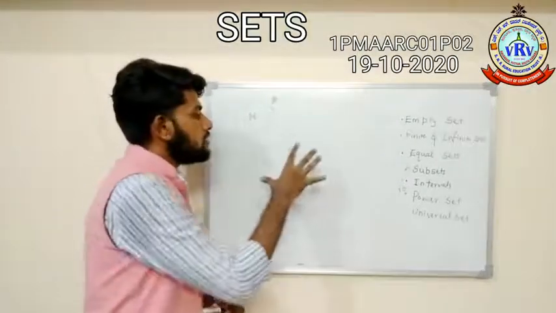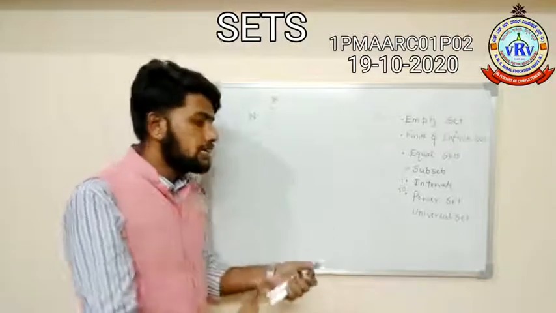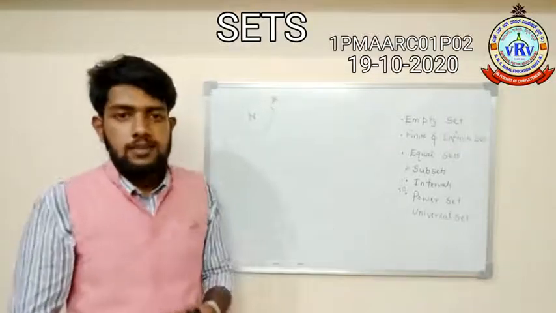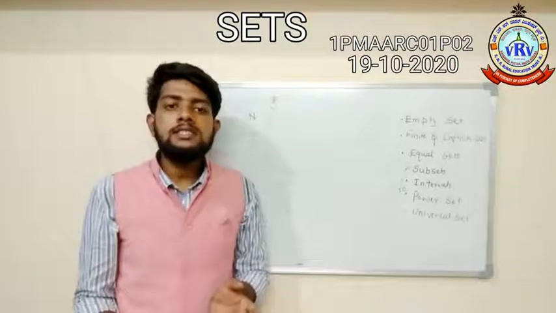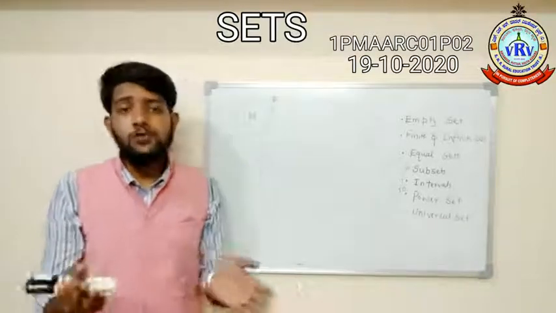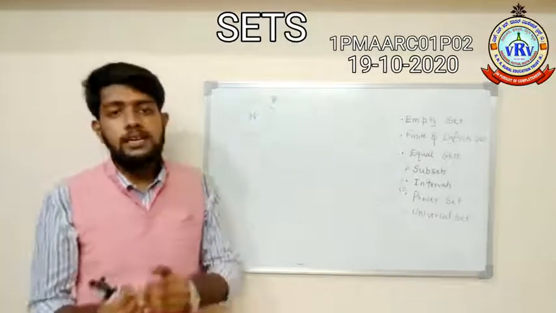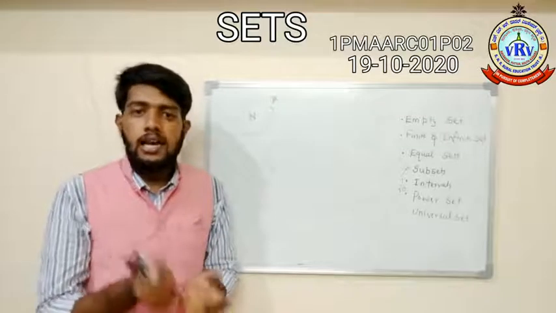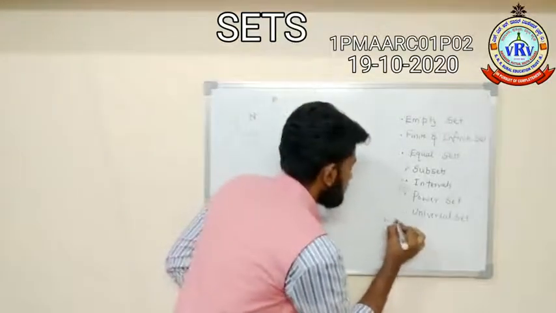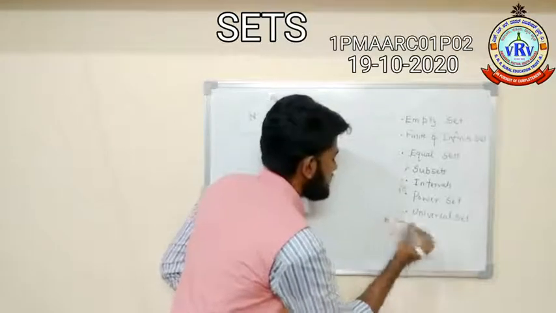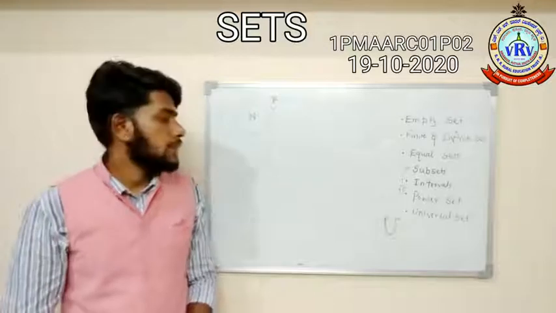So there is one basic set, and from that you are considering the set for our study. That basic set is known as the universal set. Depending on the context, which subject or topic we take, the universal set depends on that. This is a basic set, denoted by the symbol capital U.